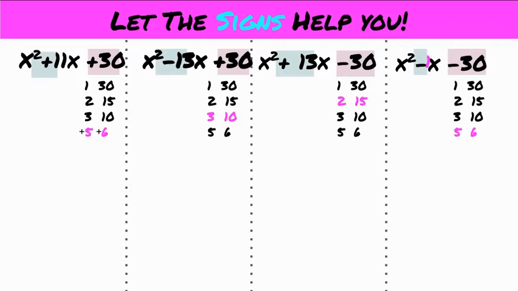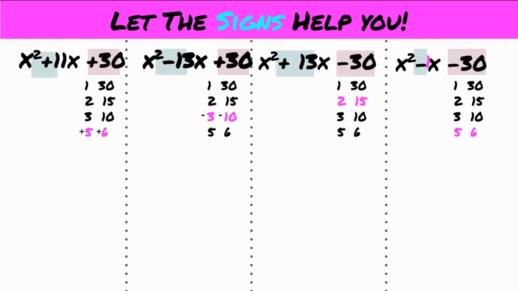On the next one, we still need to multiply to equal a positive 30, but we need to add up to a negative 13. Well, again, to multiply to equal a positive, 2 numbers have to have the same signs. However, they can't both be positive because 3 plus 10 is positive 13. So I need them both to be negative.